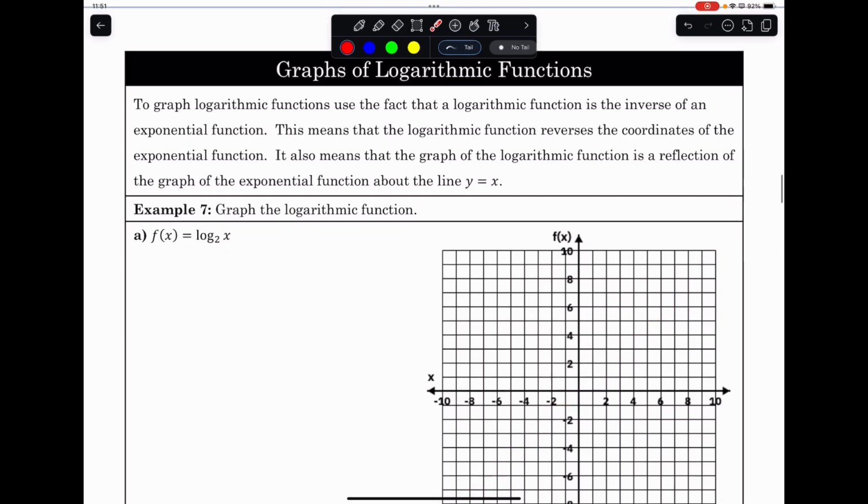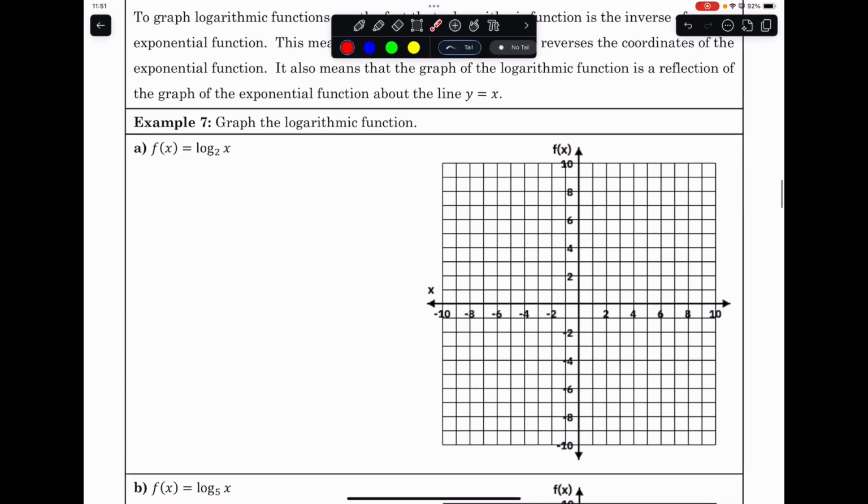So let's review first what an exponential function will look like, and then we'll compare it to the graph of a log function. Right here we have the log base 2 of x, and if we're going to get the inverse, that means that the base 2 would be raised to a power, and that's going to equal the value of y.